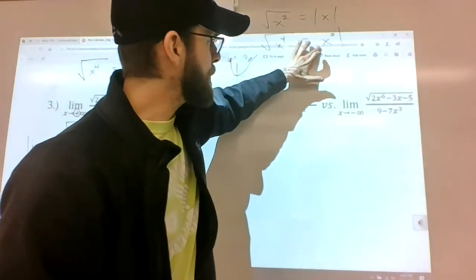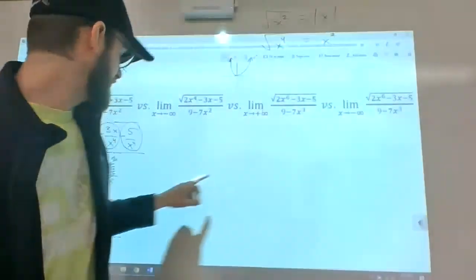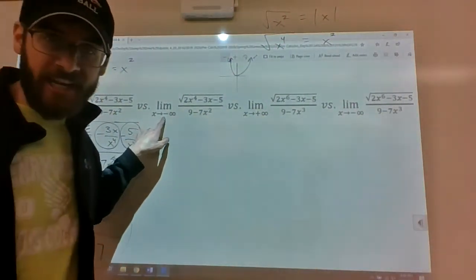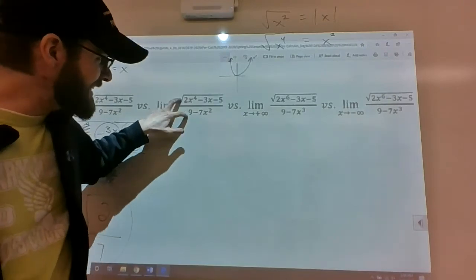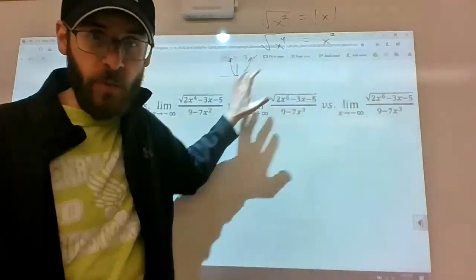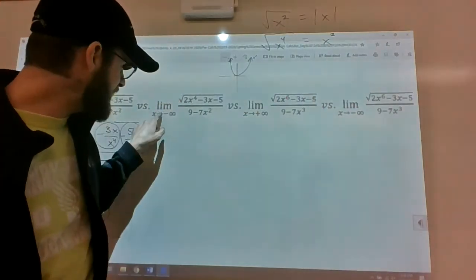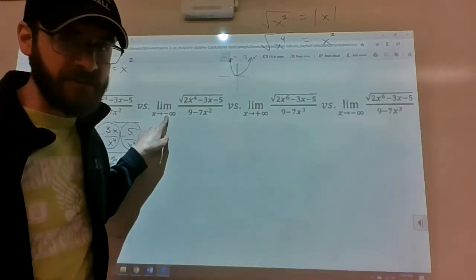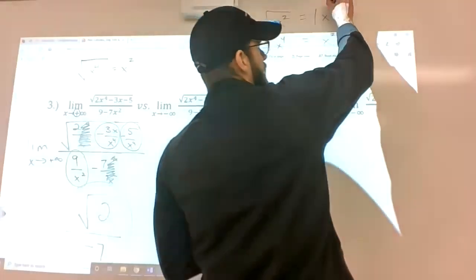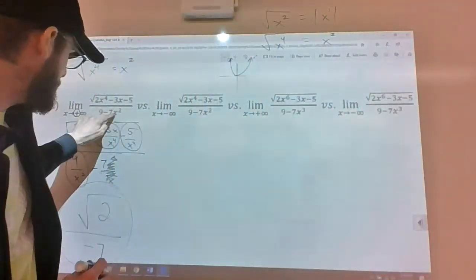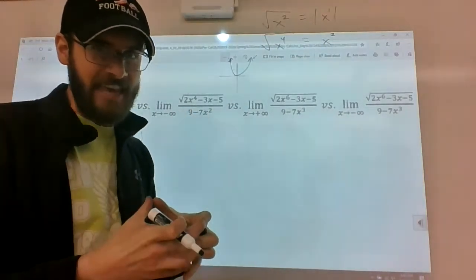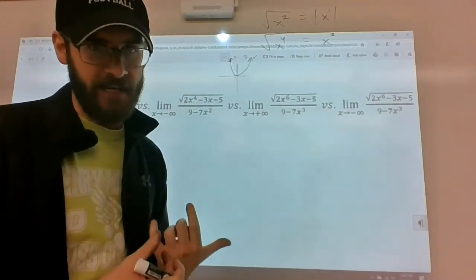So you can go to positive infinity and get root 2 over negative 7. You go to negative infinity, and if it's this situation with root x to the 4 and x squared for these two parts, that negative infinity makes no difference at all. You have to have an odd power on the bottom here in order to create that negative infinity means divide by negative.